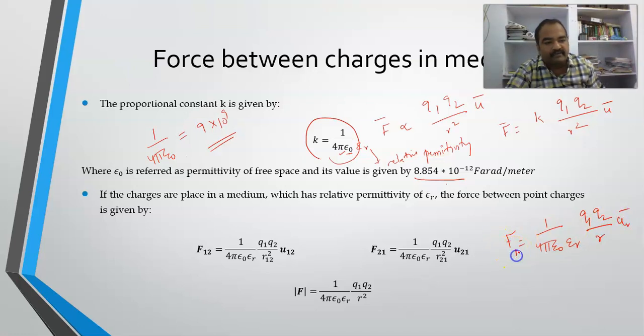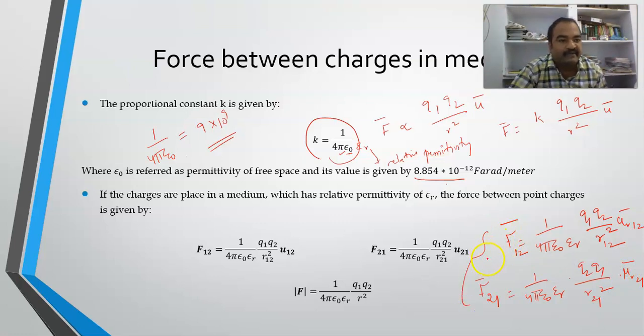If I take the effect of 1 on 2, then it will be ur1, with r1 square. Now if I take it as 2 1, it will be 1 by 4 pi epsilon naught epsilon r q2 q1 into ur2. As already said, both have equal magnitude, and the difference is only in the direction. So the magnitude is the same.